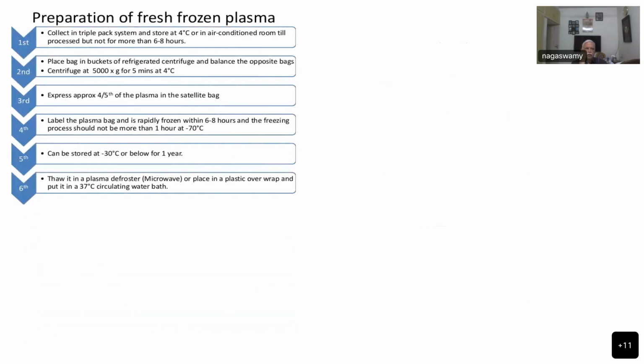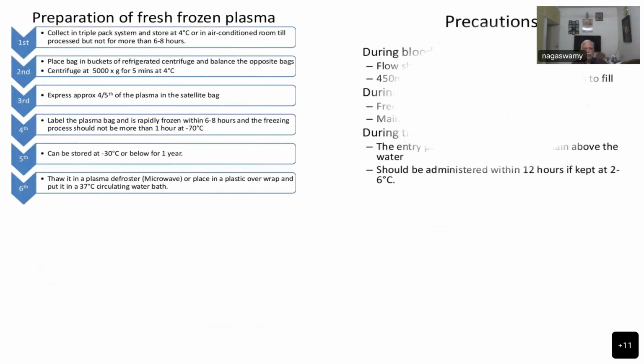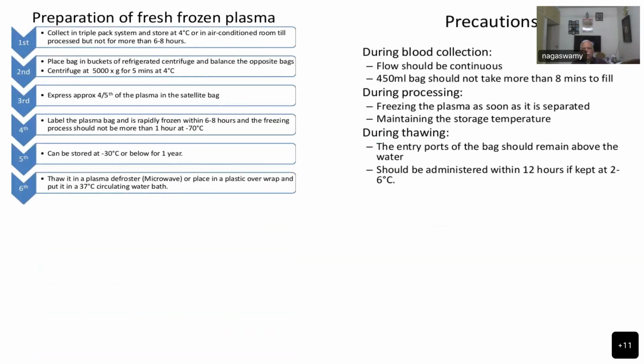Then how do you prepare fresh frozen plasma? When you collect the blood as a system, store at 4 degrees, then place the bag in the bucket. I think I have pictures for that. During blood collection, the flow should be continuous.